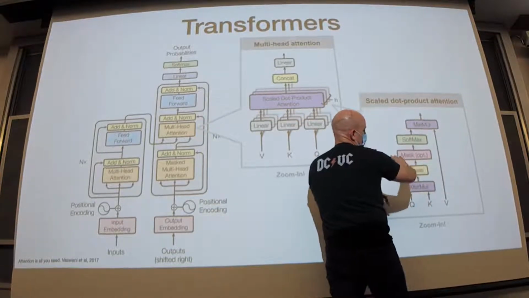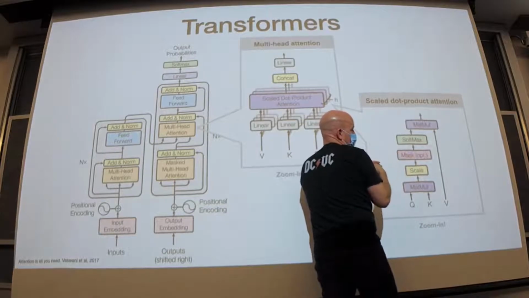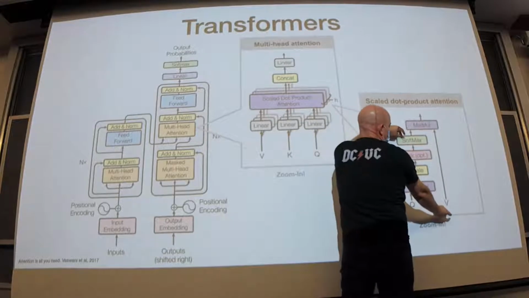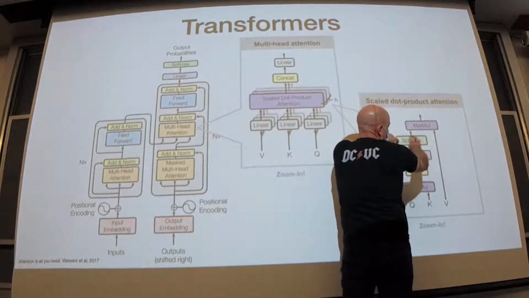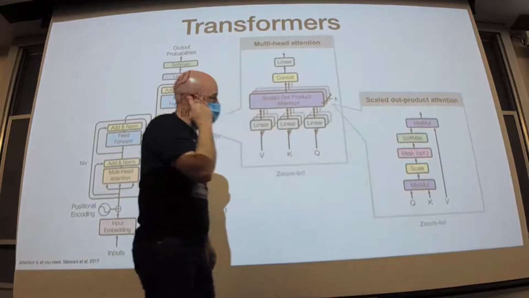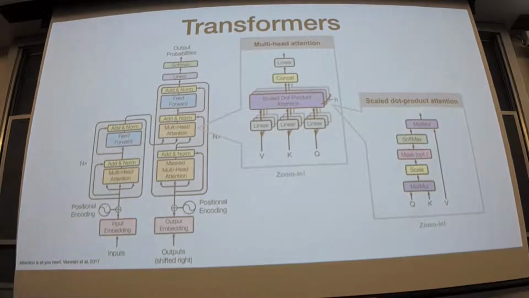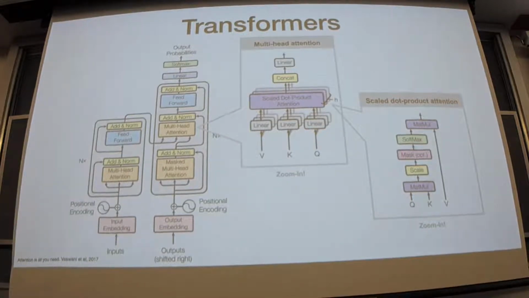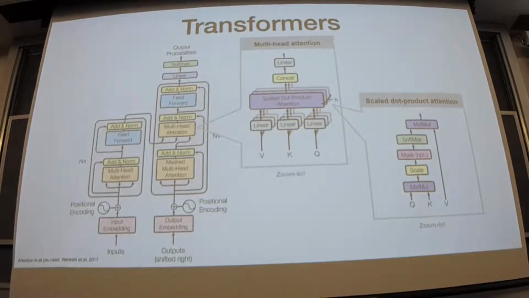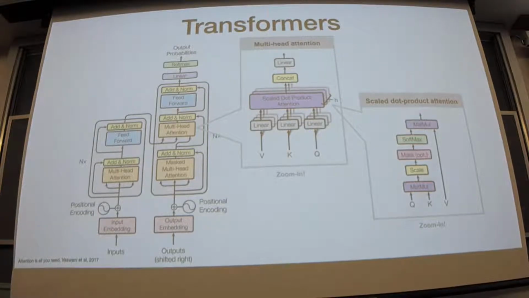There's a scaling we'll talk about. There's potentially masking to add an autoregressive portion, which again we'll talk about. Then some normalization, and what you get out are coefficients that give you linear combinations of the vectors in the matrix V, the values. So this is attention just like we looked at, but done in many different layers, and in each module, done many different times in parallel.